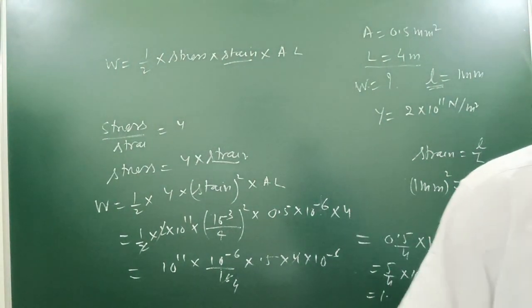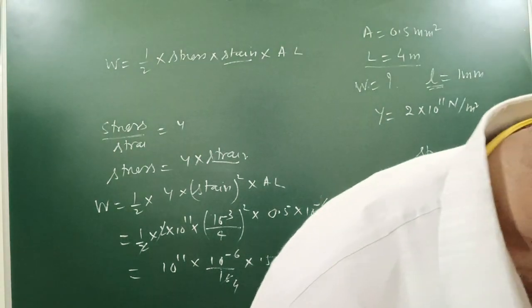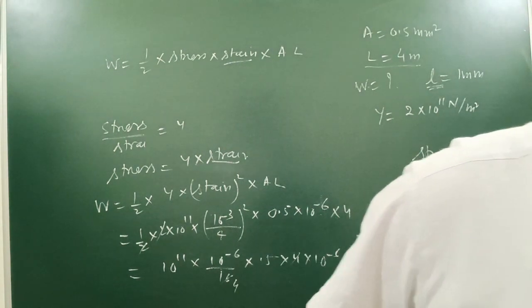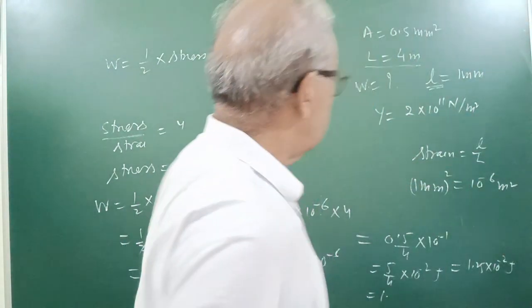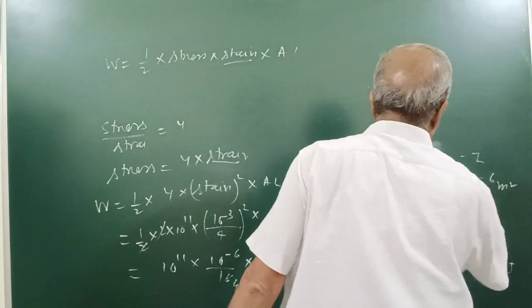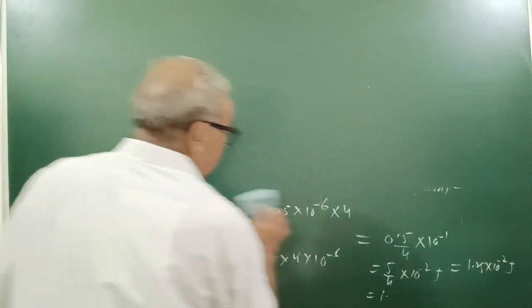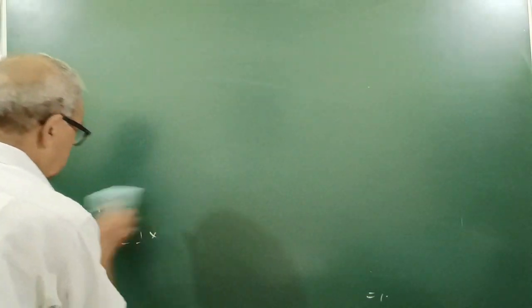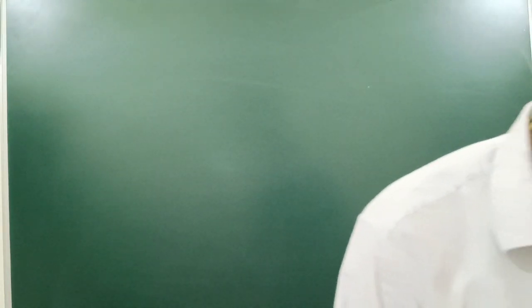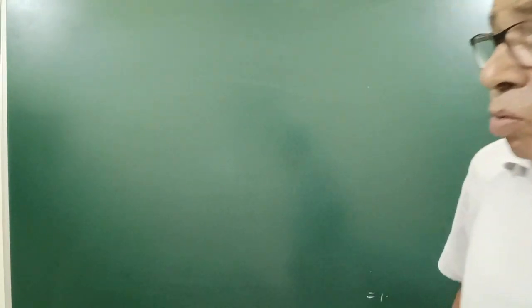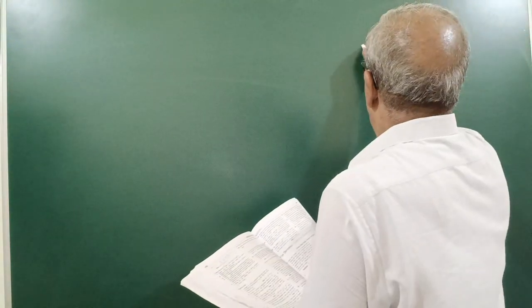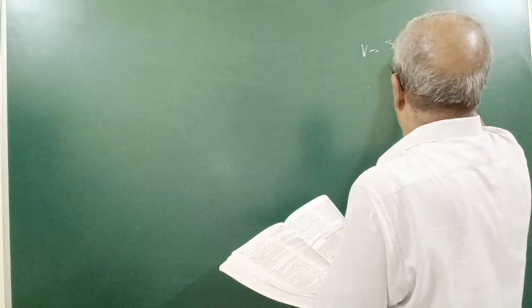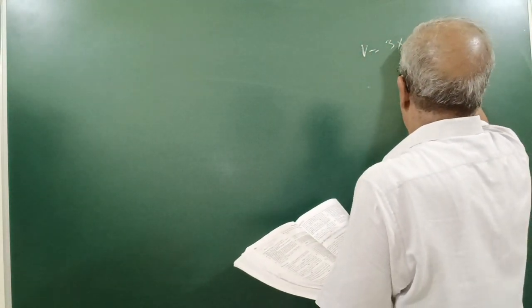Now I come to the next question. A fluid having volume V equal to 3 into 10 to the power minus 3 meter cube.